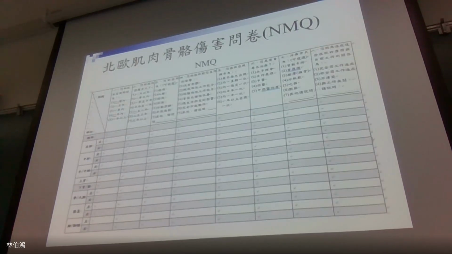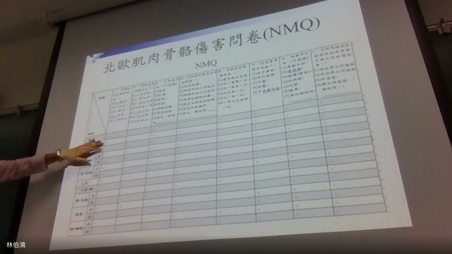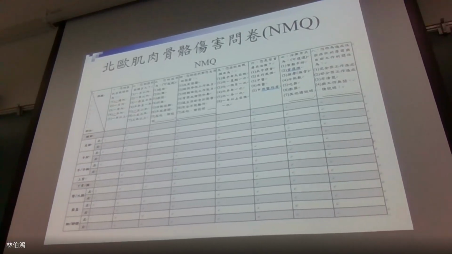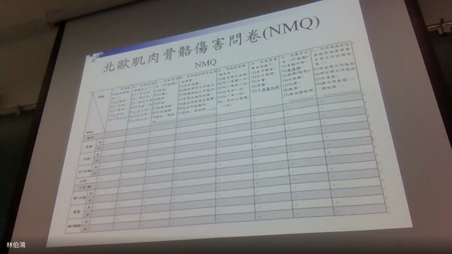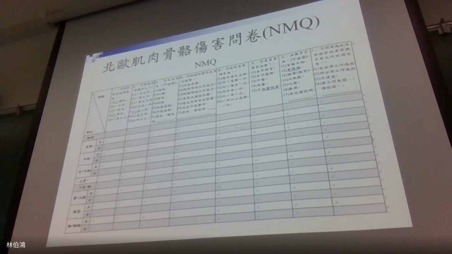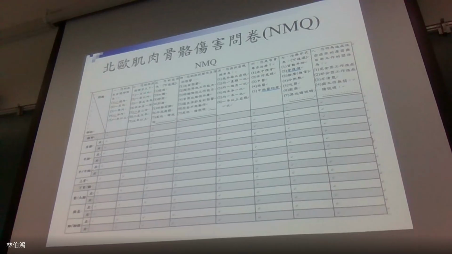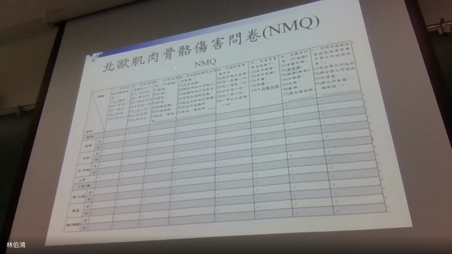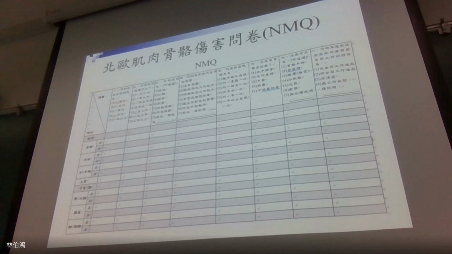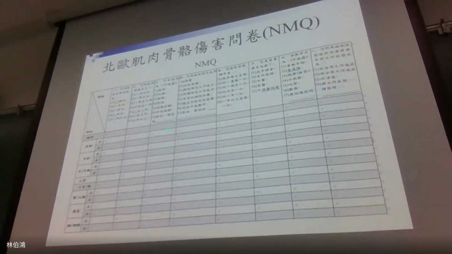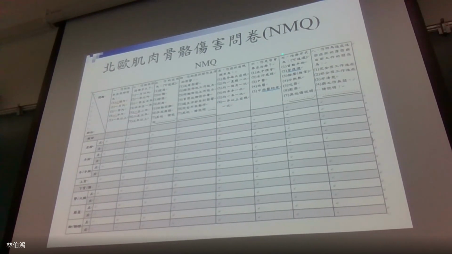And if you finish this part, this is more detailed, with questions about when your symptoms start, and also the duration of your symptoms, and what your symptoms are, and whether this symptom has any effect on your life, and the frequency of your symptom.